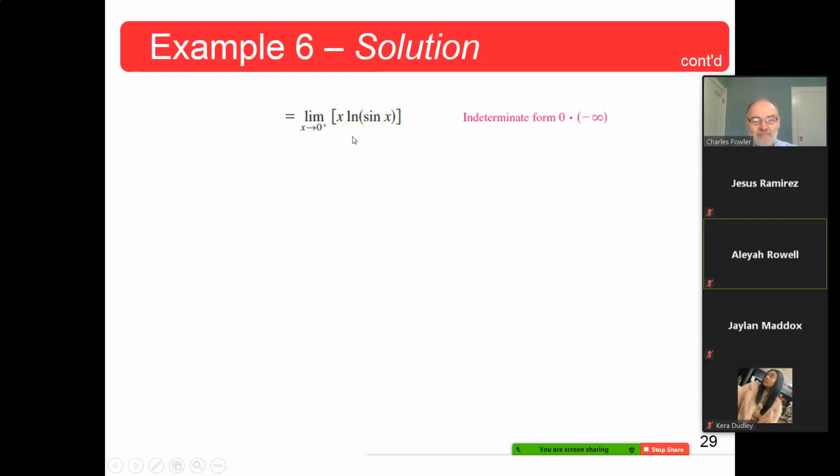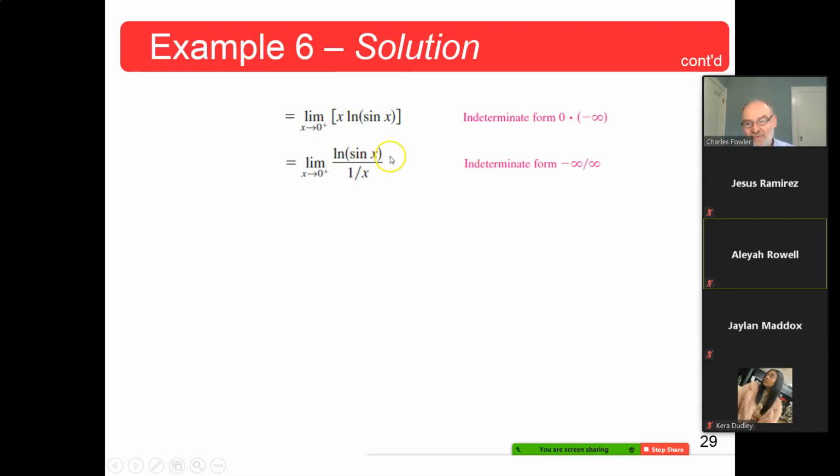Now, at this point, if you were to take that limit, that would be 0 here and the log of 0 undefined. So that would be negative infinity there. Okay. So rewrite that as 1 over x, 1 over 1 over x, like we had before.